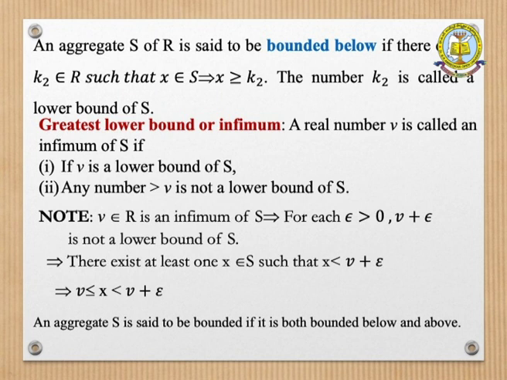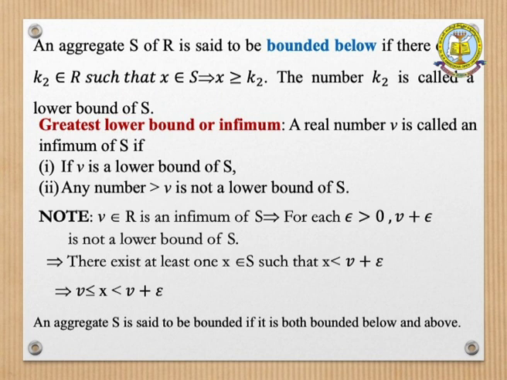That means every element of S is greater than or equal to k2, and we call k2 a lower bound of S. If k2 is a lower bound, any number less than k2 is a lower bound, but a number greater than k2 is not a lower bound. In such a case we go for the greatest lower bound or infimum.